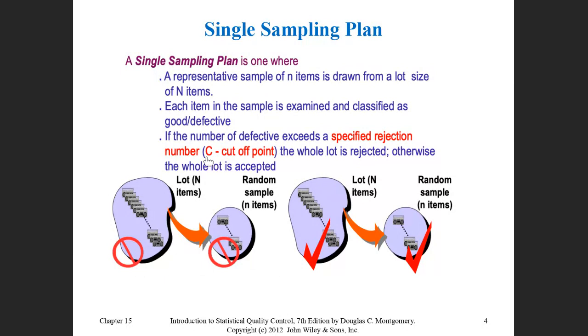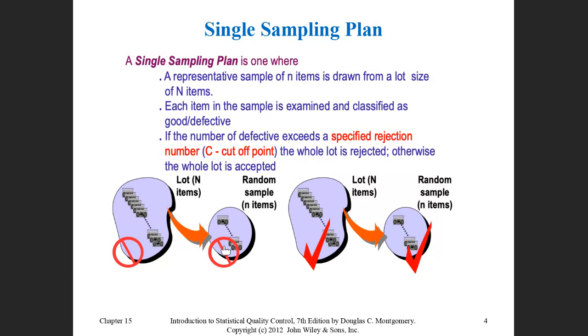You define the cutoff point. The sample size is defined based on your plan, as well as the cutoff point. For example, instead of 5, the sample could be 10 students or 10 items, and the cutoff at that time is 5. So the 5 will be the rejection or the cutoff point.